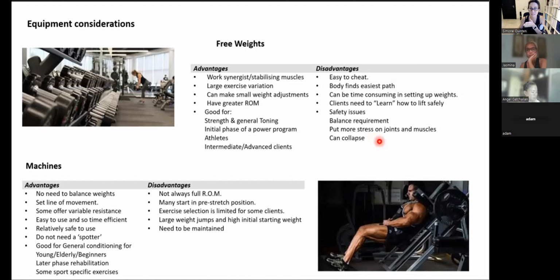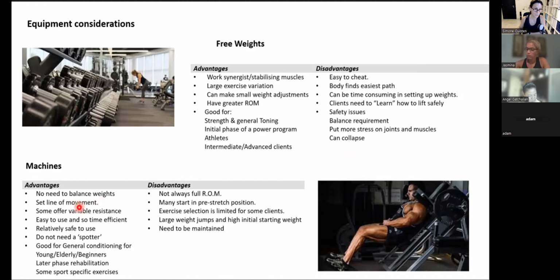Collapse means if they're not strong, if they don't switch on all the stabilizer muscles because they don't know how to do it, they're doing a lift and then suddenly collapse, not in terms of losing consciousness, but because it's too heavy and they can't hold it anymore, okay? That is what it means.